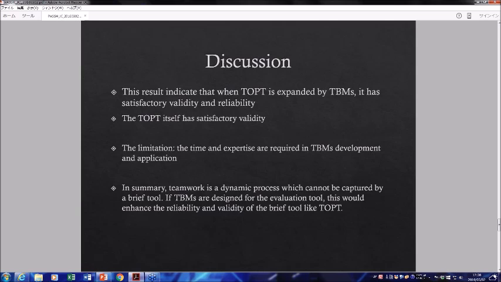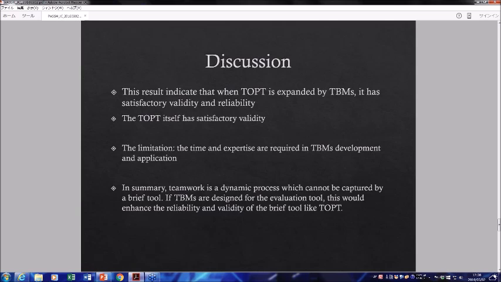And next, TPOT itself has satisfactory validity. The reason they said that is because the research group measured two team performance measures. As I mentioned before, number one is the time the patient is sitting. Number two is the number of errors.